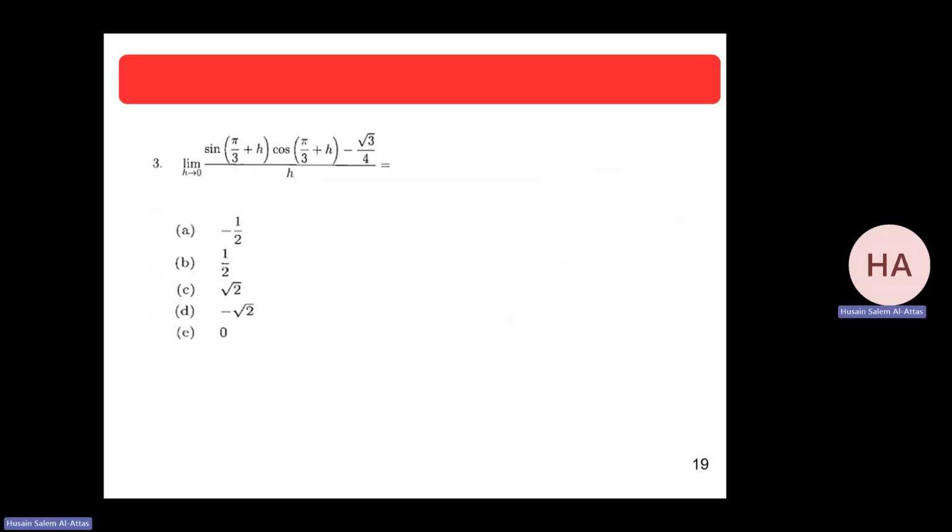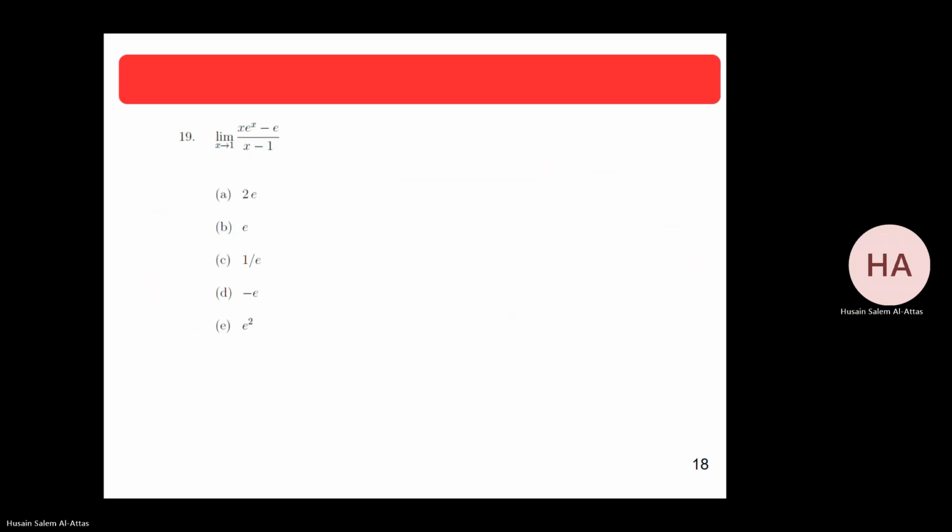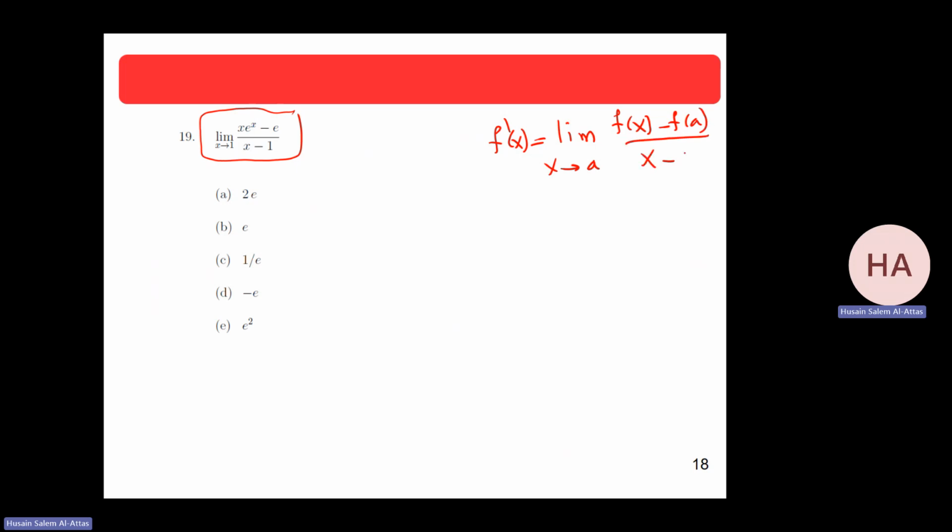Okay. Now they relate. If you look at this question, this is the definition of the derivative of this function. If you remember, the derivative as a definition is the limit as x goes to a of (f of x minus f of a) over (x minus a). Now look at this function.